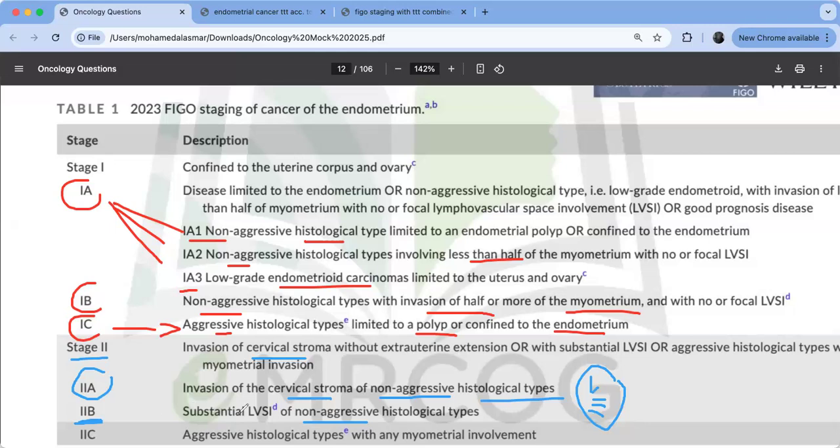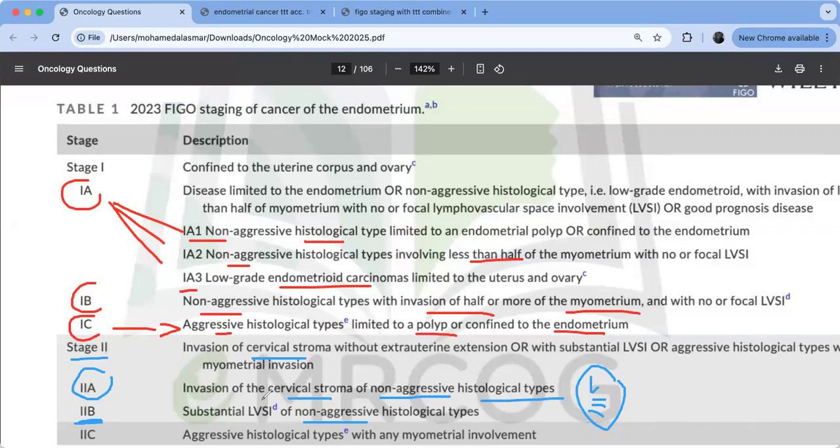So once I tell you substantial lymphovascular invasion, even if it's a non-aggressive tumor, even if it's less than half of the myometrium, what will you say? Less than half of the myometrium, non-aggressive, but associated with substantial lymphovascular invasion. Now it's 2B.